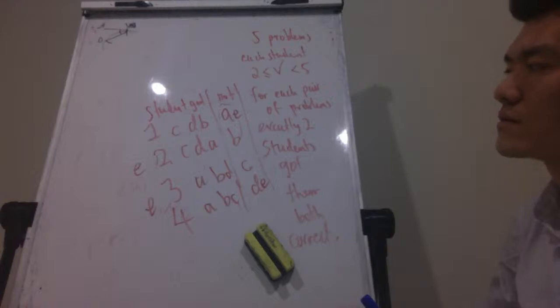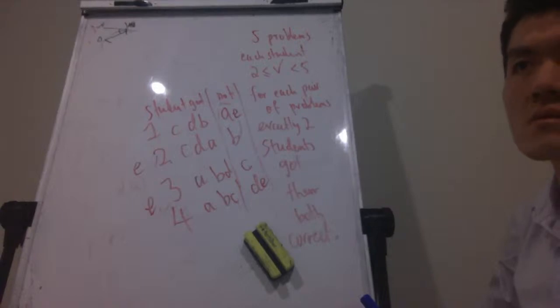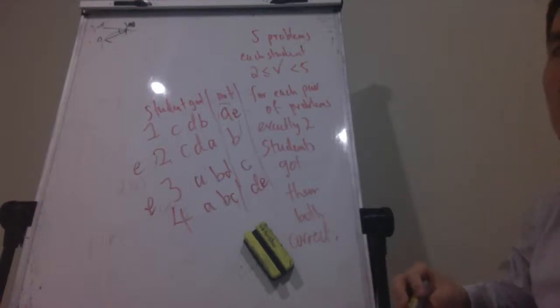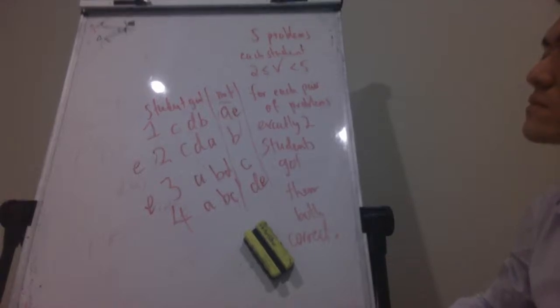Since 4 is the maximum, just do 20 divided by 4. Well, but solving 4 problems makes 6 pairs. Yeah, 4 choose 2 is 6. So you want to maximize the number of students who did 4 problems.